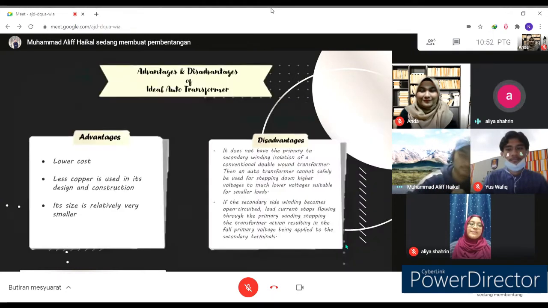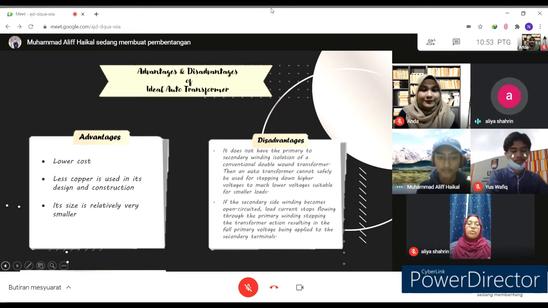Okay, next please. So the advantages and disadvantages of an auto transformer. The advantage is that it is much cheaper. The usage of copper is lesser, and for the design and construction, the size is relatively smaller so the component can easily be put in gadgets or electrical appliances.